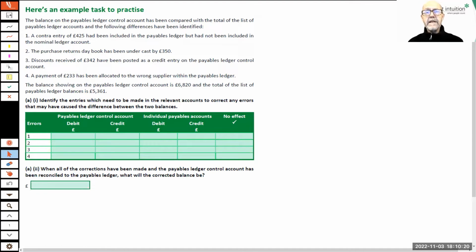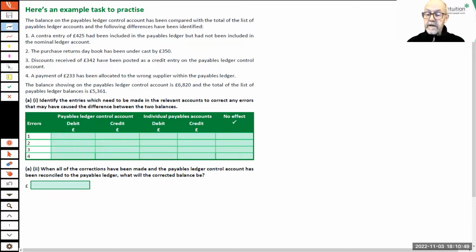The least work you can get away with is to look at each item and try and decide in isolation, is that something that affects the payables ledger control, which we used to call the purchase ledger control, or does it affect the list of individual supplier balances? Because we have to identify which is which. Here's how I do this.